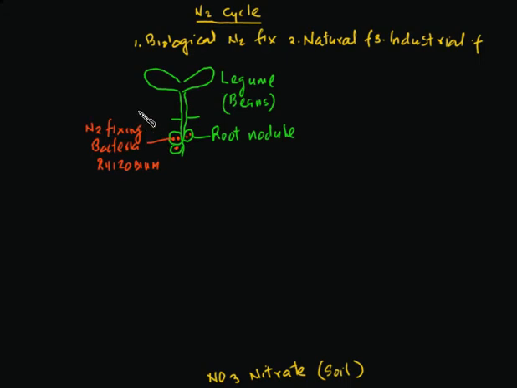This bacteria takes nitrogen from the atmosphere and turns it into ammonia, which is NH3. NH3 is used by plants to form amino acids. The amino acids are used for the formation of protein.